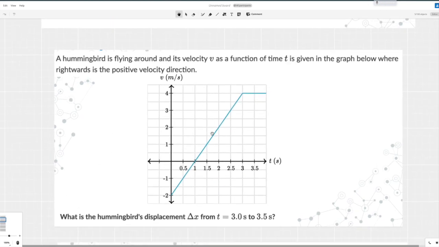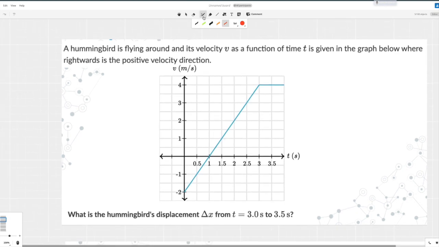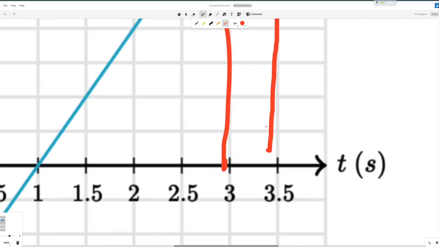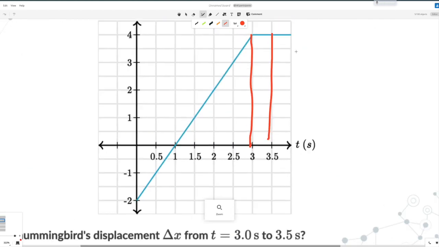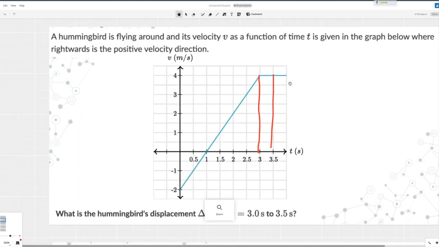So what is the hummingbird's displacement from 3 to 3.5 seconds? I'm just going to highlight whatever's underneath 3 to 3.5, and we have to find the area underneath this region.